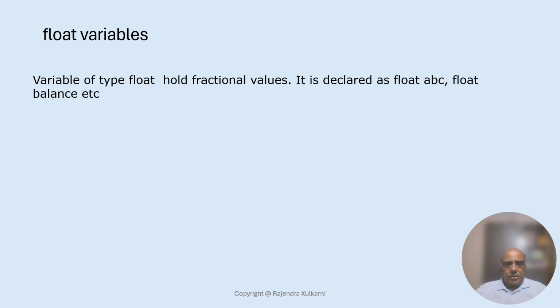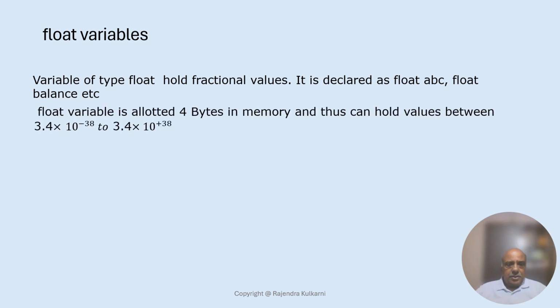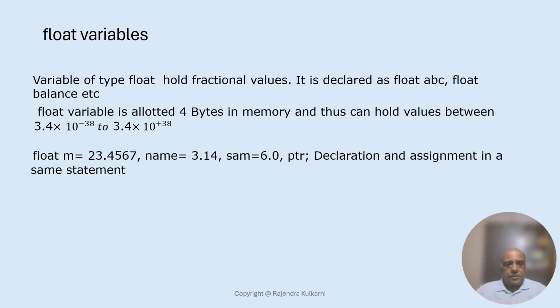Variables of type float hold fractional values. Its declaration is float ABC or float balance, etc. It gets 4 bytes in memory and thus can hold values between 3.4 10 raised to minus 38 to 3.4 10 raised to plus 38.